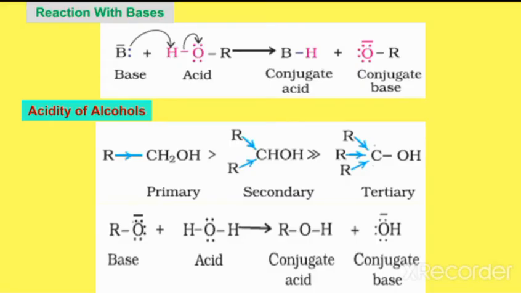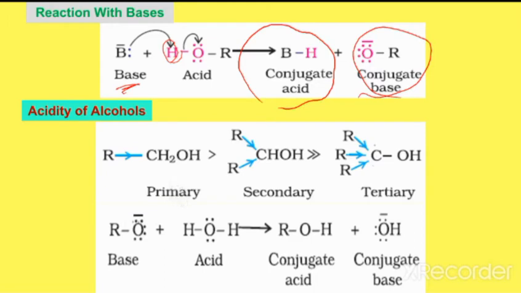When the alcohol is treated with a strong base like sodium hydroxide or potassium hydroxide, it gives the proton to the base and forms the alkoxide ion as a conjugate base, and the hydrogen is taken by the base to form the conjugate acid.